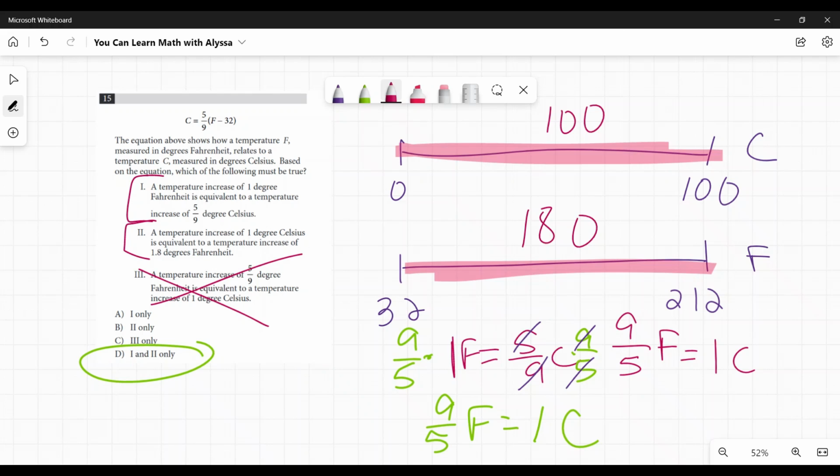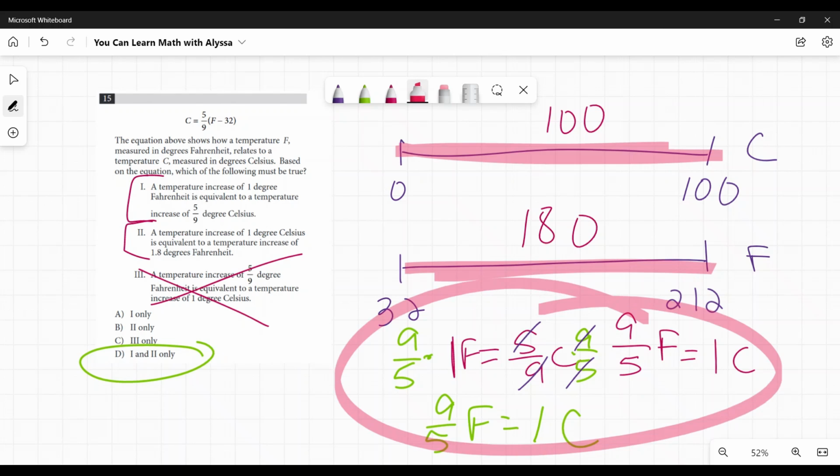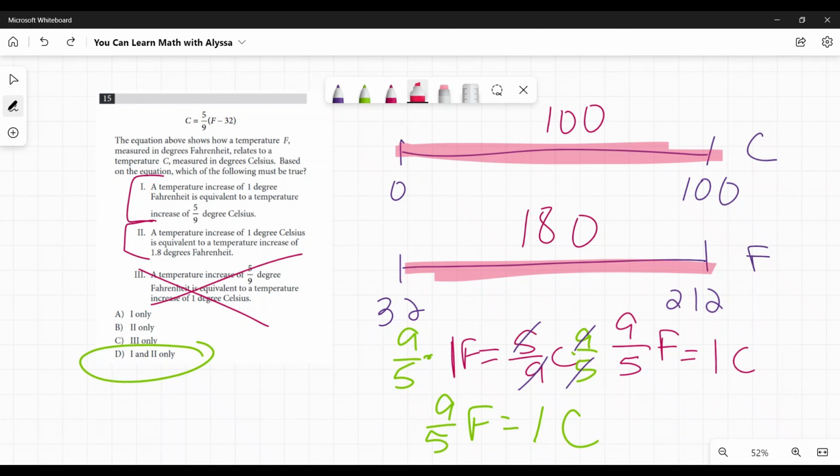Now I'm kind of overlooking the other thing that you might know. If you've worked with Celsius and Fahrenheit in your math class and you know this 5/9, 9/5, the 1.8, this may look very familiar and you may not have even needed to prove this by going through this conversion to make sure that 1 and 2 are both saying the same thing.